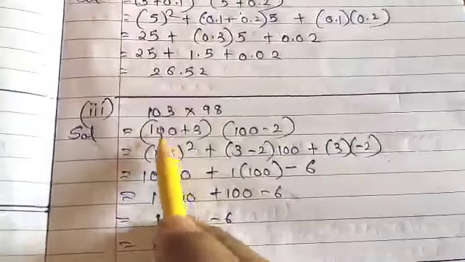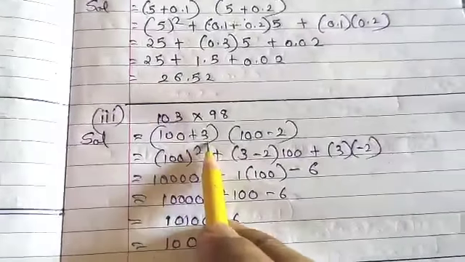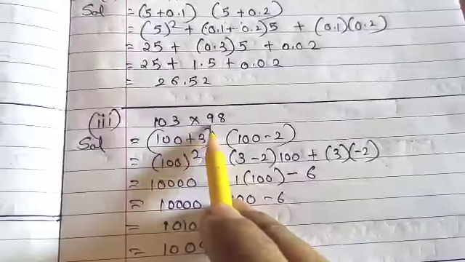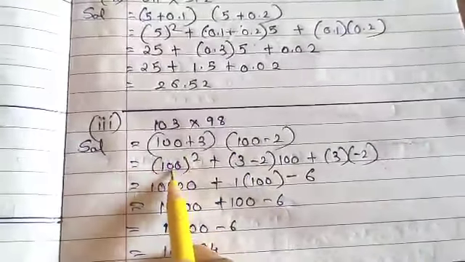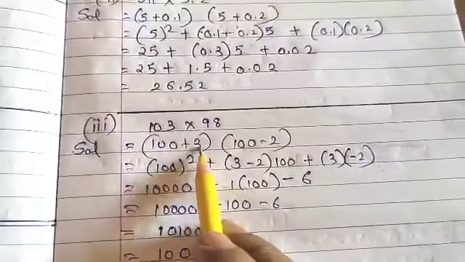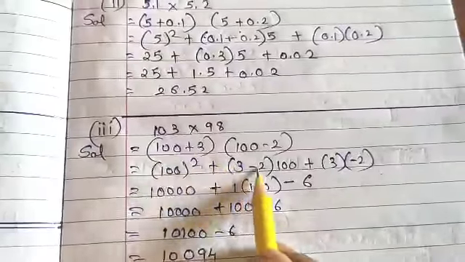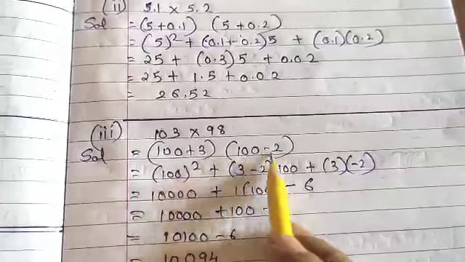Now the next one is 103 into 98. Its nearest value is 100, that is 100 plus 3, and for 98 the nearest value is 100 only. So 100 minus 2. Here the common value is 100, so make a square of it. Uncommon terms are 3 and negative 2. So add positive 3 and negative 2, multiply 100 to it, and plus multiple of 3 into negative 2.